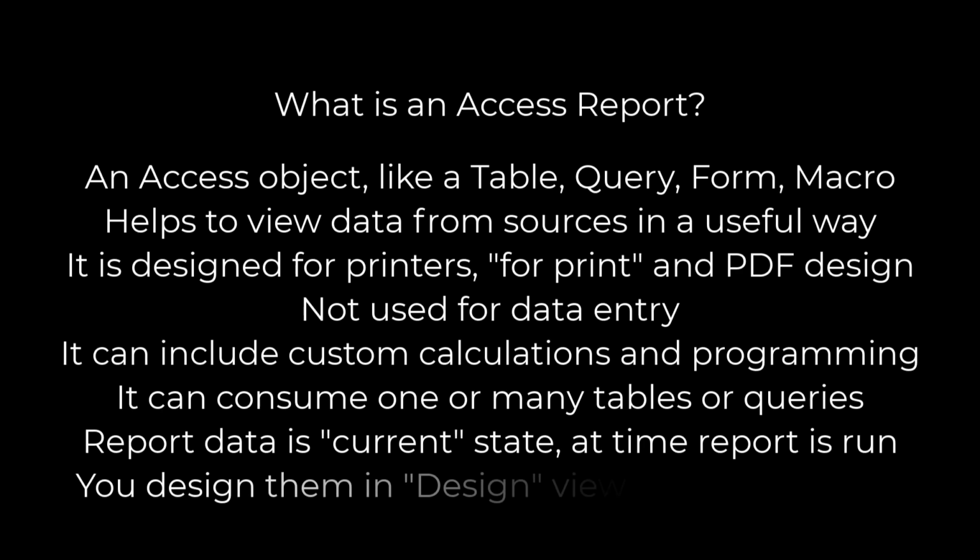And of course, where do you design it? Well, you design it in the design view, very similar to how forms work. You can open it in design, and it has a drag and drop, WYSIWYG type of designer that looks kind of similar to how forms work, but is actually quite different due to the sections and groupings and things like that, which you will see in this video.